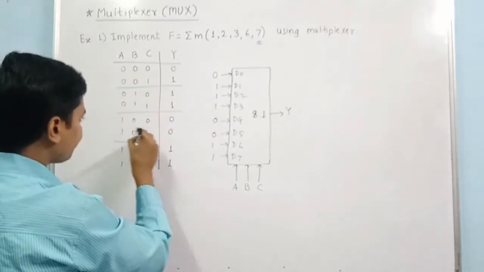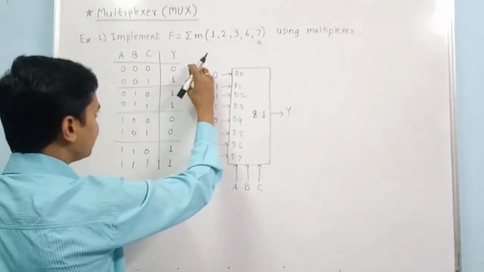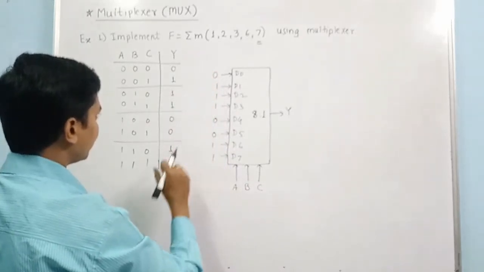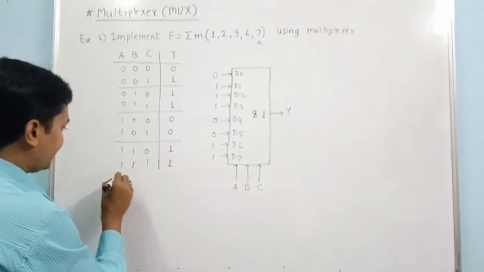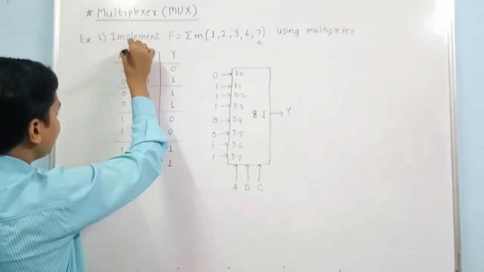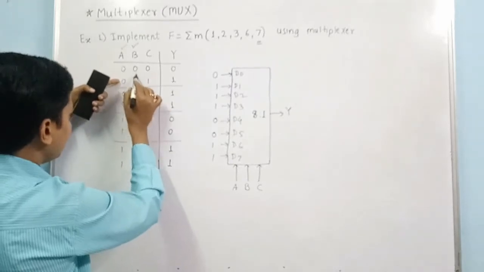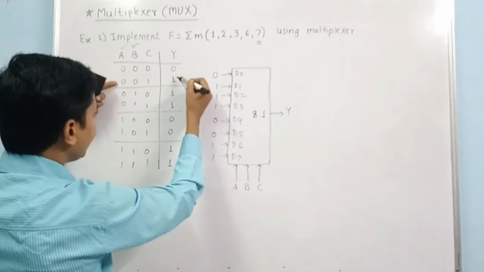Okay, so in this combination I have partitioned two combinations here. Okay, now we have to just observe, while A and B are 0 0, what is the output? What is the output here?